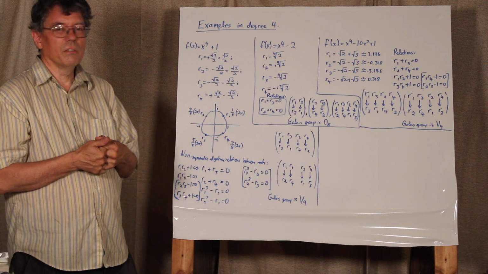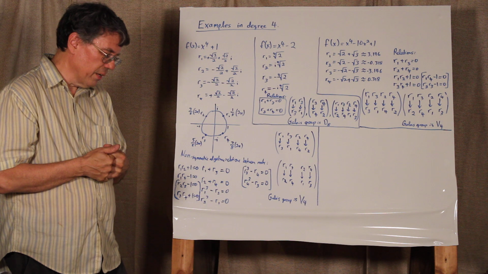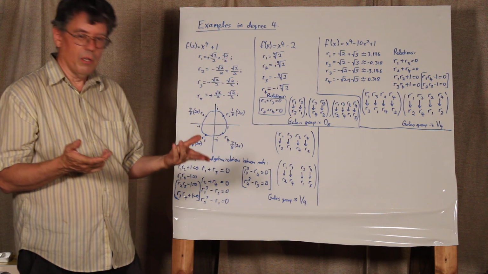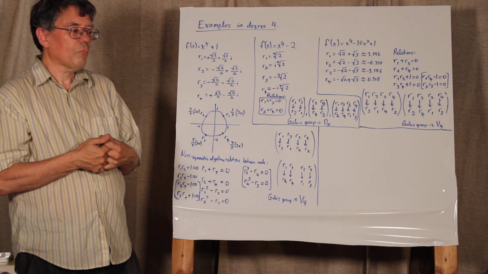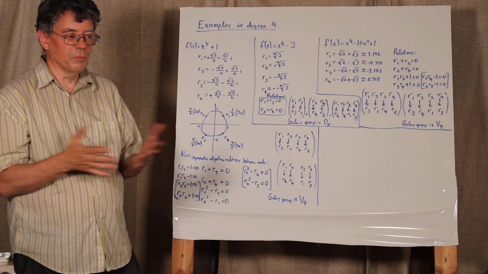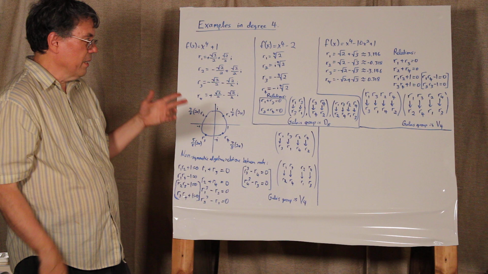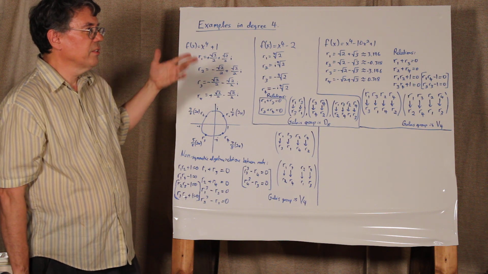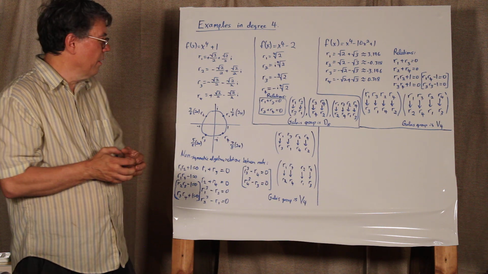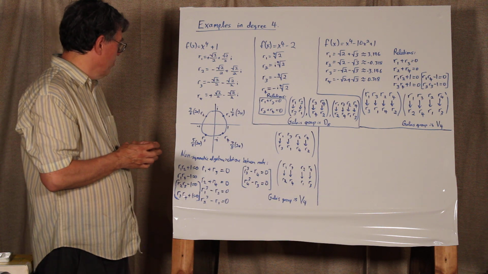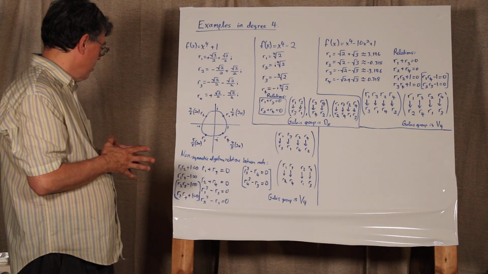And that's pretty easy to enumerate. For degree 3, it's just the full symmetric group, or it's what's called the alternating or cyclic group, subgroup of S3. And that's it. Those are the only two possibilities. And I'm pretty sure the example that I showed pretty much covers the possibilities for degree 3.